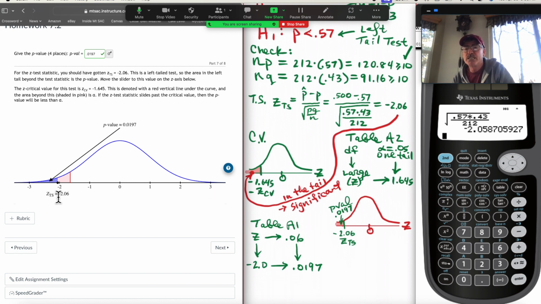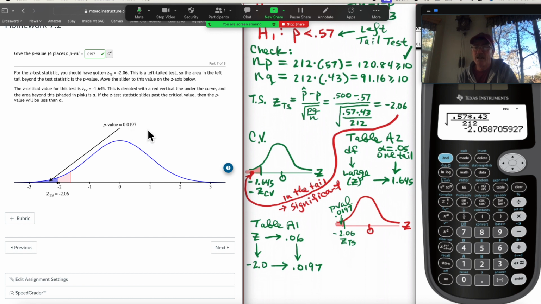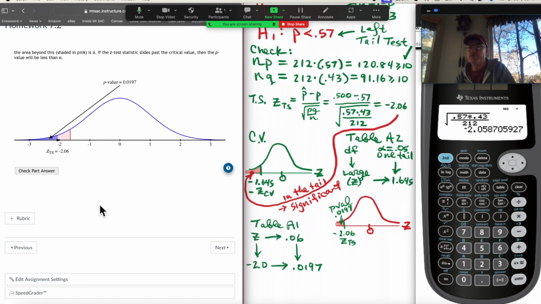And whenever the test statistic goes into this little tail, starting at the critical value, we have statistical significance. But also the blue region here, the p-value, will be a smaller region than the pink region, which is the level of significance, your alpha value. So clearly the p-value will be less than alpha whenever that statistic goes into the tail. Okay, let me go ahead and submit that.